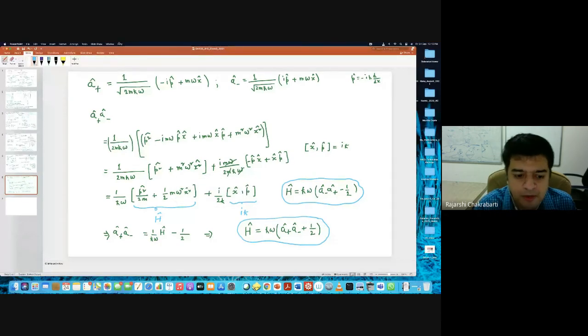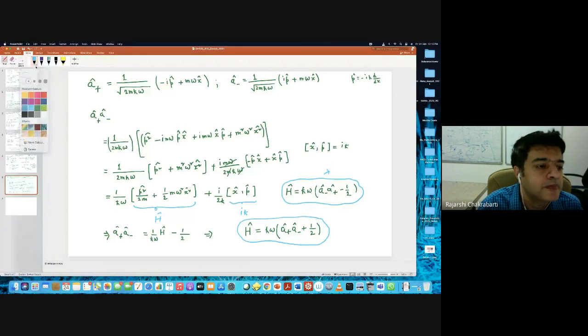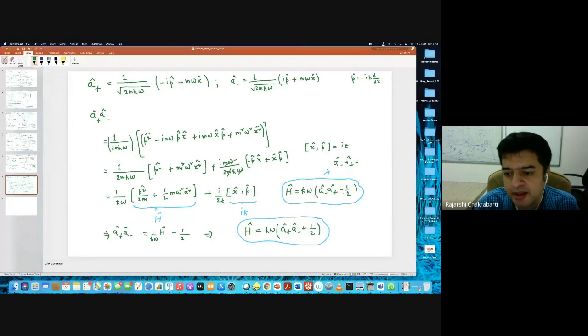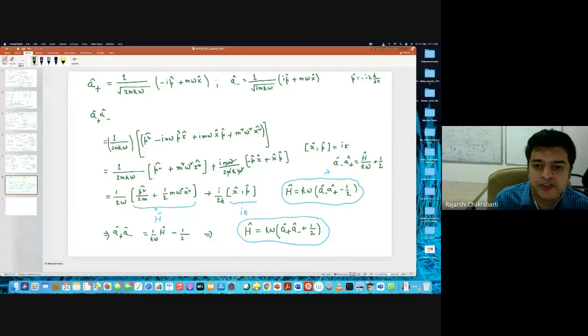This basically means that A minus A plus, if you explicitly do this product, is equal to H by h cross omega plus half. And if this is the case, can anyone tell me what will be the value of this commutator?